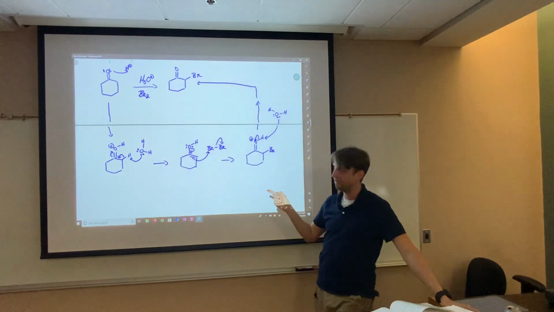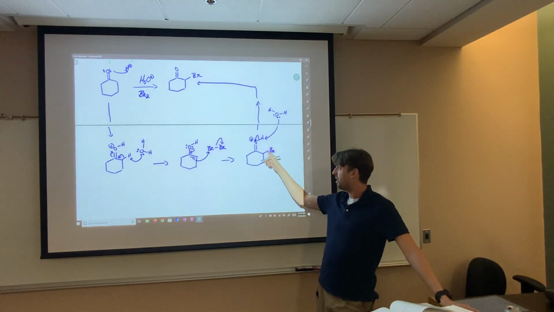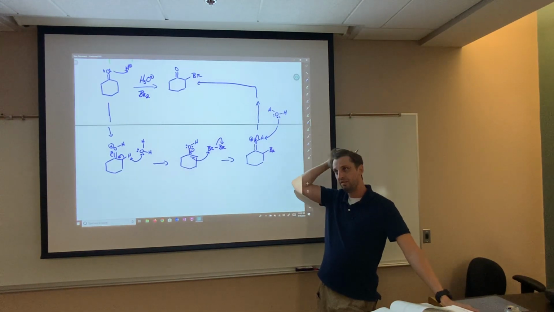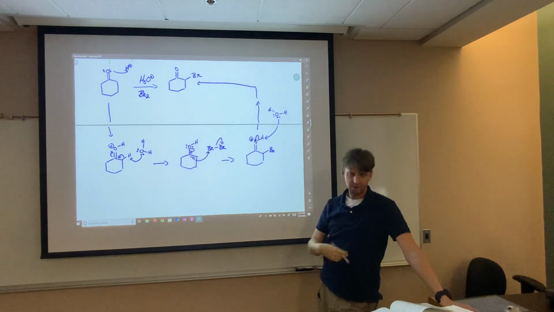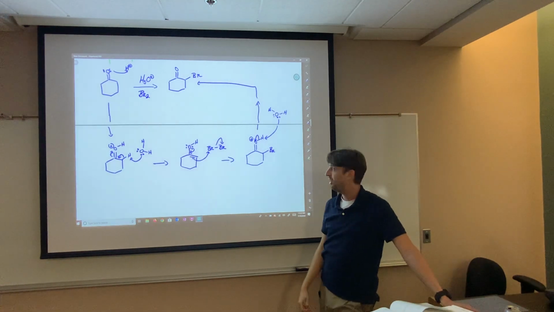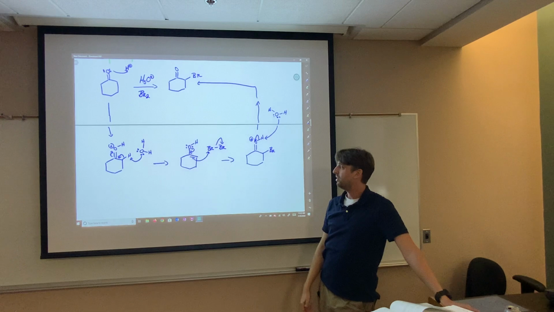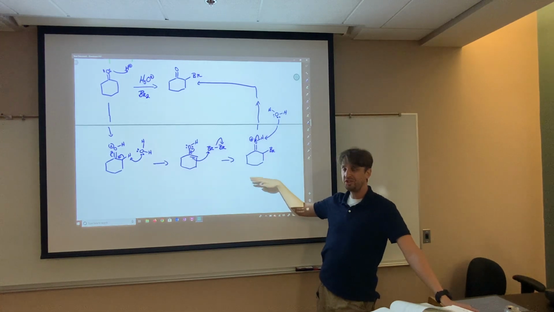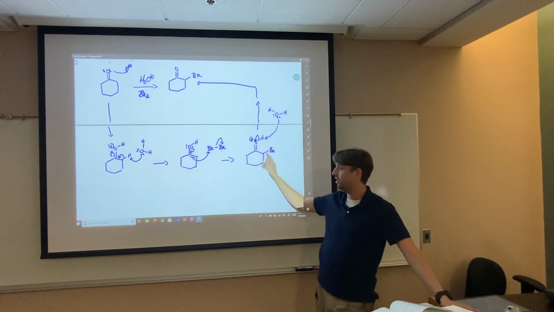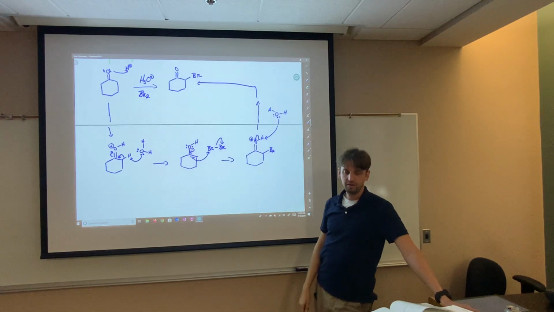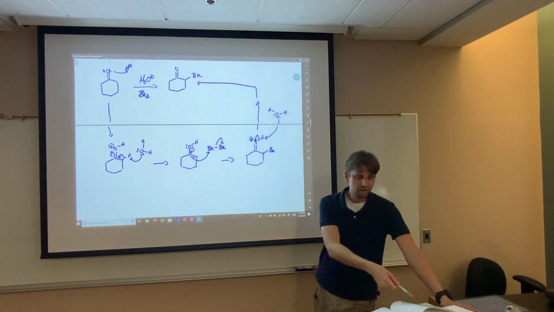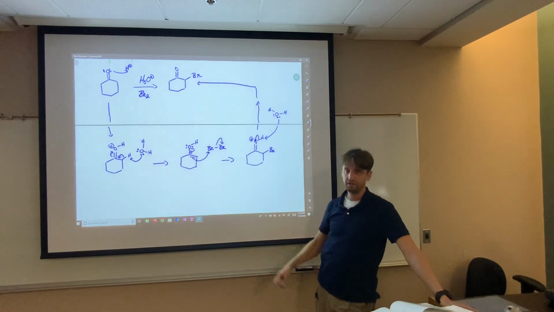Now the good news with this is we've got a halogen there, and we can do a lot of chemistry with halogens, right? We really can. The second thing is that under acidic conditions, we typically will only see one bromine added. They talk about that a bit when they get to this part of the chapter.